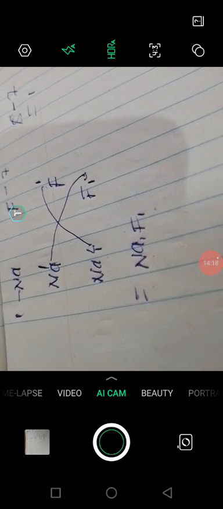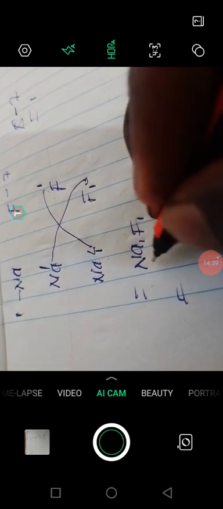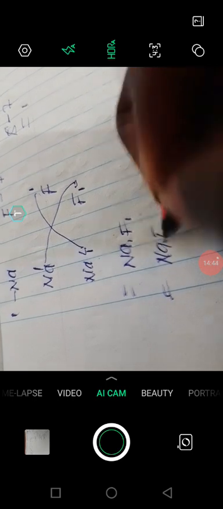I know 1 is invisible, so I cannot write sodium 1 or fluorine 1. I have to write sodium, Na, which is 1 itself, and fluorine, it's fluorine itself. If I say sodium 1, I'm repeating myself. So our chemical formula here is going to be sodium fluoride.